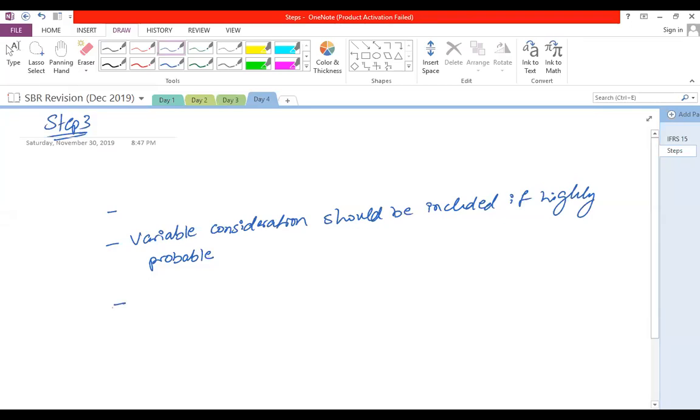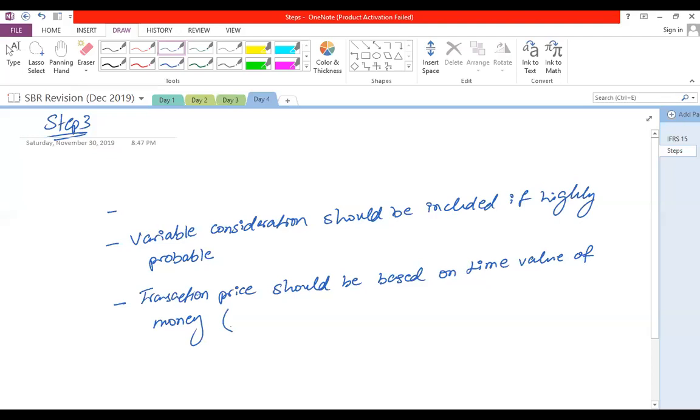Plus, we say that the consideration or the transaction price should be based on time value of money.